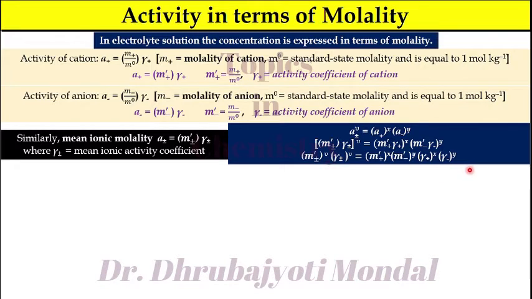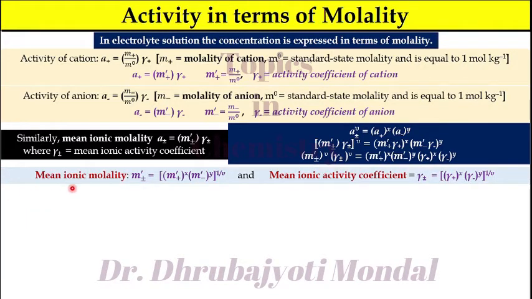Now from this equation you can write the mean ionic molality m prime plus-minus is equal to m prime plus to the power x, m prime minus to the power y, all to the power 1 by nu, and the mean ionic activity coefficient gamma plus-minus is equal to gamma plus to the power x, gamma minus to the power y, all to the power 1 by nu.